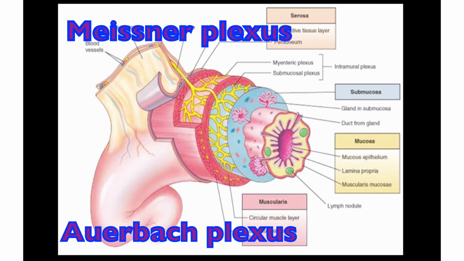It actually lies in between the circular layer of muscle and the longitudinal layer of muscle. Auerbach's plexus is responsible for controlling peristalsis. Meissner's plexus is responsible for movement of the innermost mucosa and for glandular secretions. So we do see glands here in the submucosa, and we'll talk about those in a subsequent video.